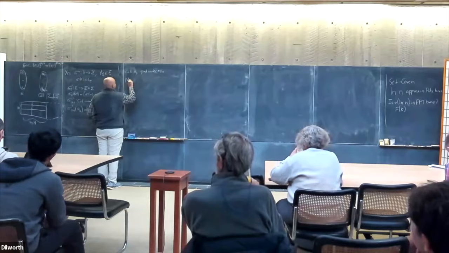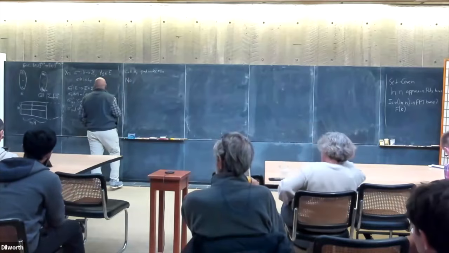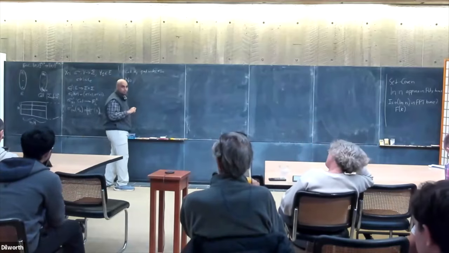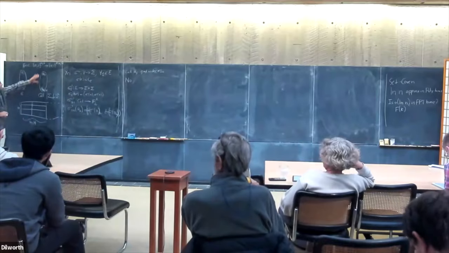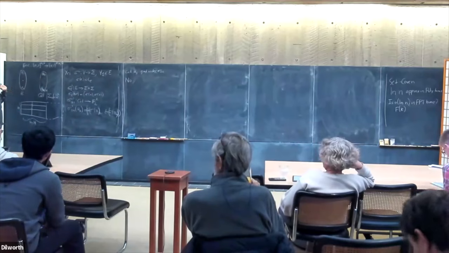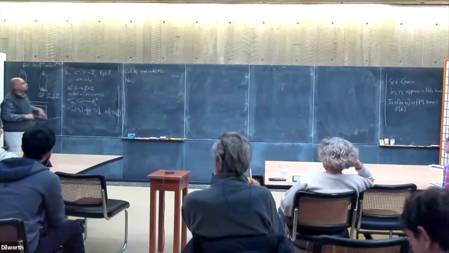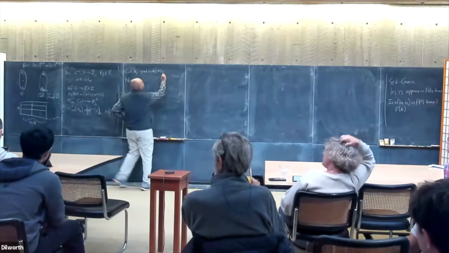In the no case, sorry, can you repeat the difference? When do you call AS good? If I look at some assignment here and here, and I look at AS and its M constraints, and if all of them are satisfied, then I call it good. Oh, I didn't finish the definition.